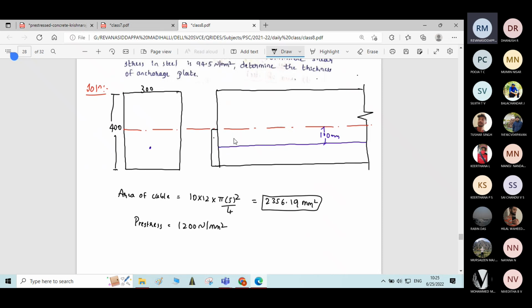Okay, so here above the cable it is 100 mm. Below the cable we will get only 100 mm. Here 100. That is nothing but y1. Therefore, the plate will come to the full half of the depth of the beam.